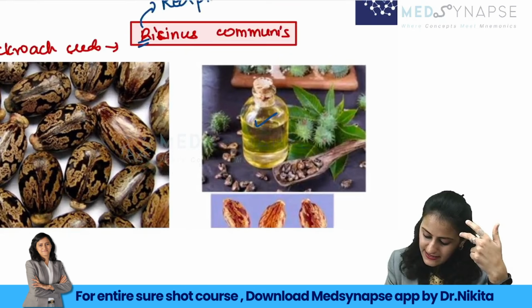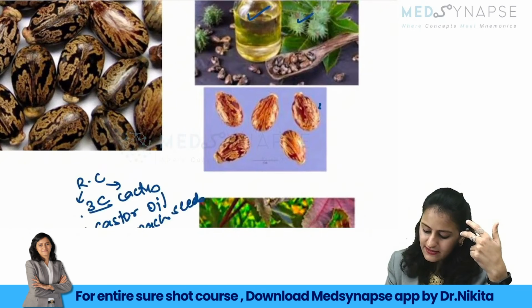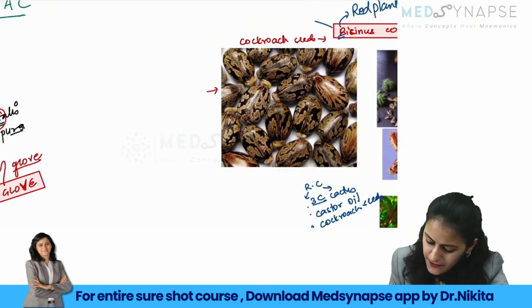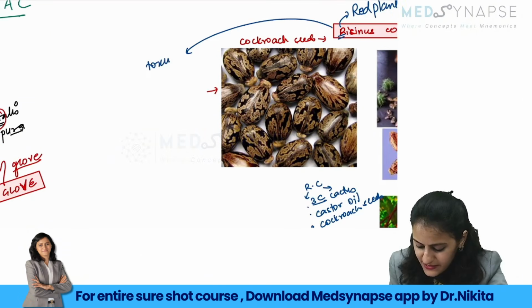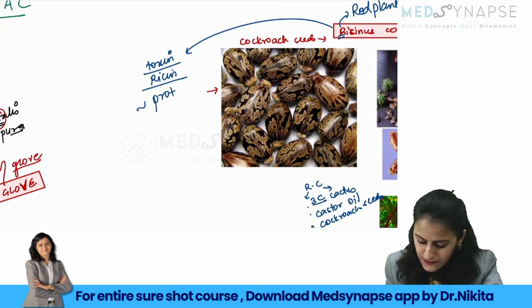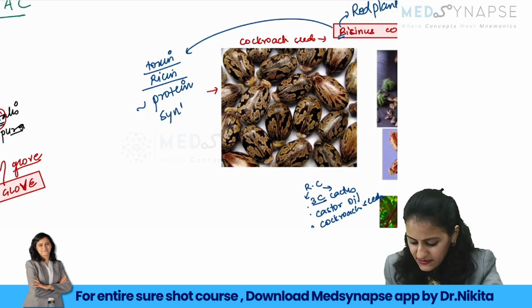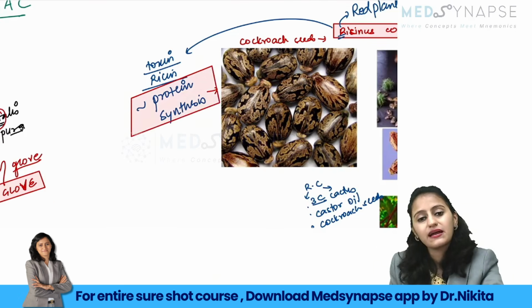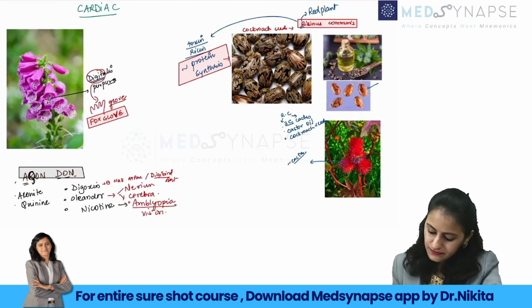This is Ricinus communis. And the toxin of Ricinus communis is ricin. How does it act? It acts by inhibiting protein synthesis. That is the mechanism of action.